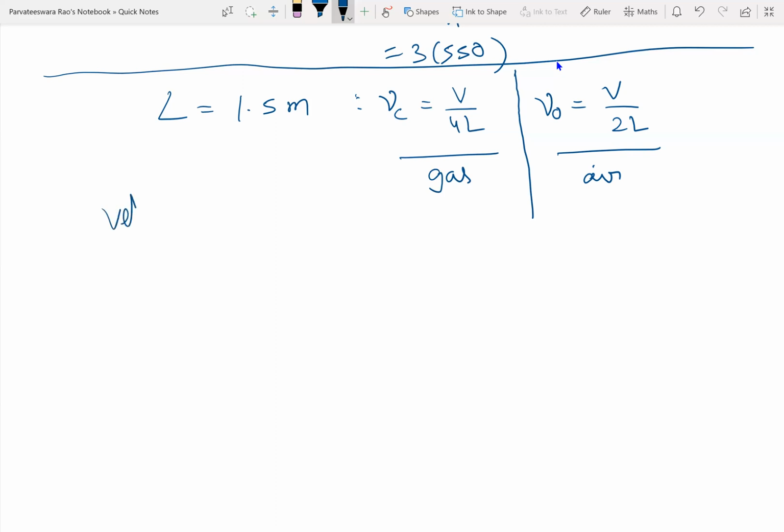Calculate the velocity of sound at 0 degrees centigrade in the gas.